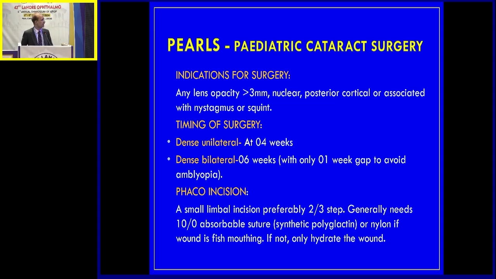Now, surgical technique. Phacoincision is very important to make in any cataract, particularly in pediatric cataract. I keep saying that we should develop the habit of teaching our juniors to make the incision in a way that it is self-sealing.